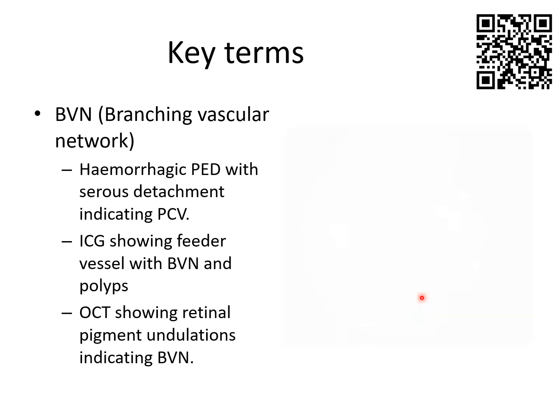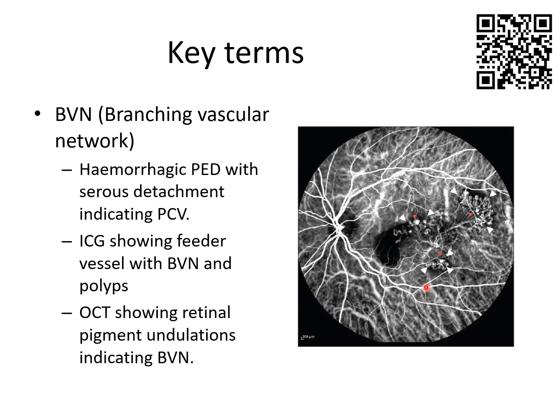On ICG, we can see the feeder blood vessels. If you look at this ICG, which shows us the retinal vasculature and the choroidal vasculature, we can identify blood vessels which are feeder blood vessels which are illuminated or fluoresce in the early phase of ICG.